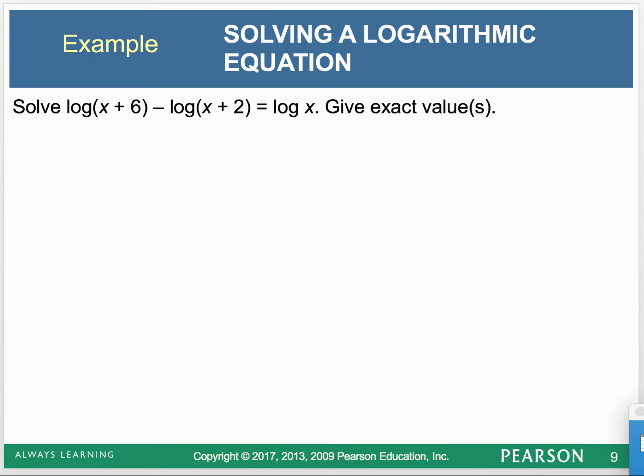Okay. Same thing. I see logarithms in my problem. I'm thinking, oh, I'm going to change it to exponential form. I can't change it to exponential form, though, until I have just one log. So I have a way to combine logs that are being added and subtracted. That means this is the log of x plus 6 over x plus 2 and equals log of x.